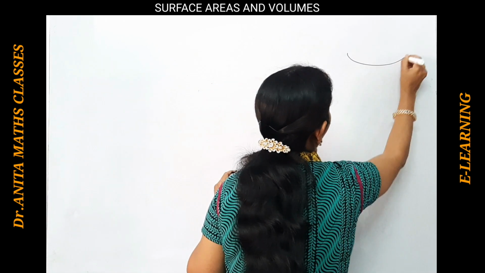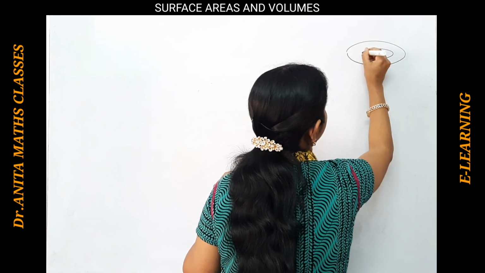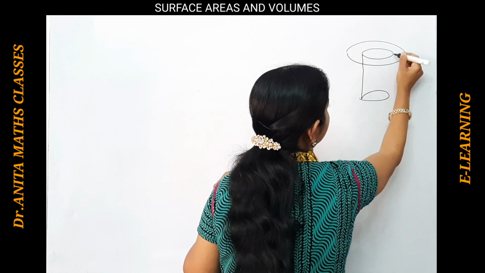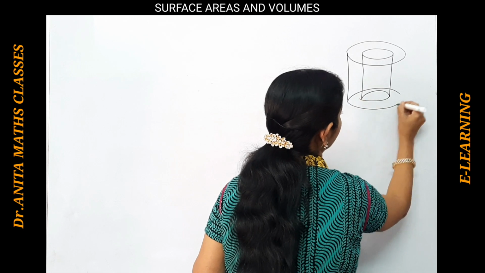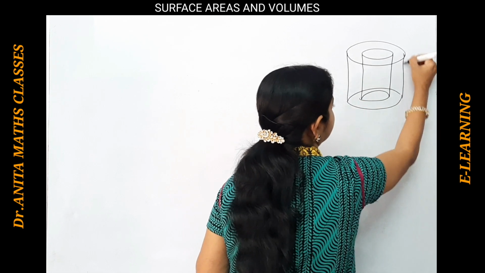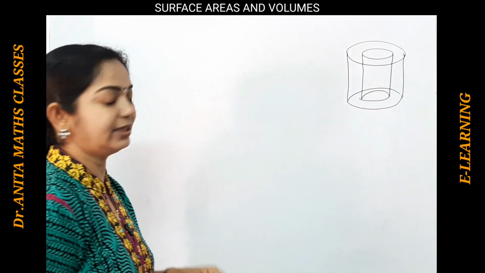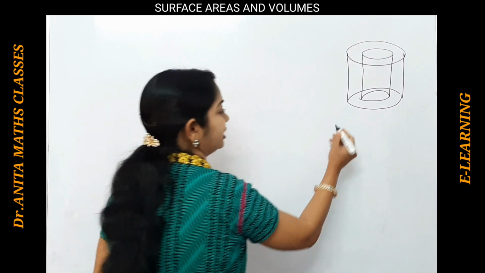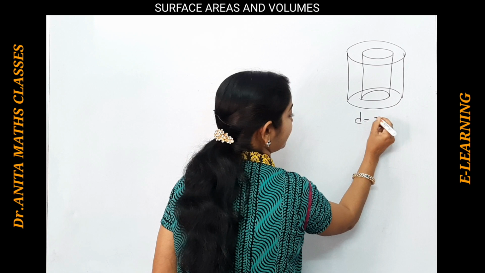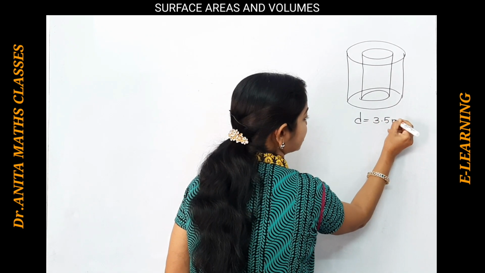Now, given the inner diameter of a well, let's draw the diagram here. Since the inner diameter is given, we have to draw it. The inner diameter is given as 3.5 meters, so D is 3.5 meters of this well.